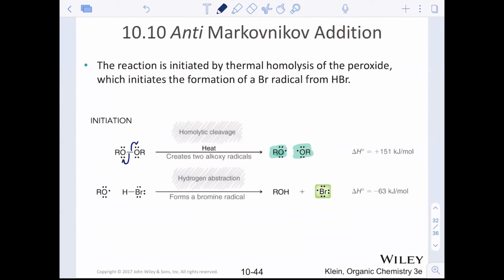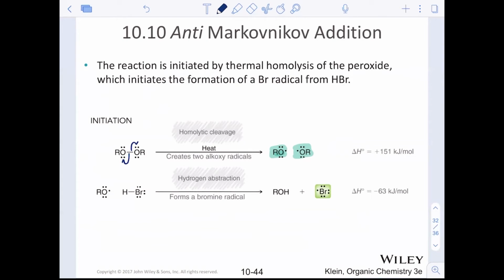And this is what's going to be going forward in our initiation step. Notice that the second step doesn't look like an actual initiation. The reason why the hydrogen abstraction is encompassed here in the initiation is because we're waiting for the bromine radical, the radical production that will actually continue on with the organic molecule. So we're still doing a little bit of prep work here in this second step.